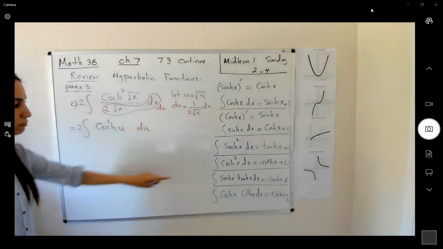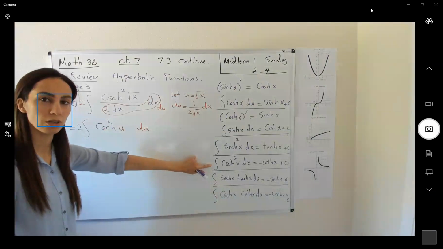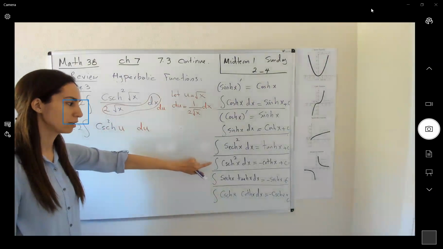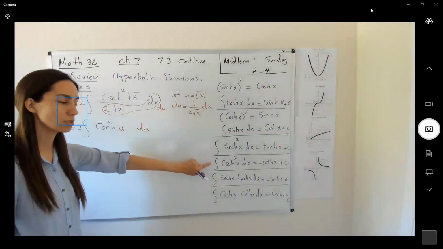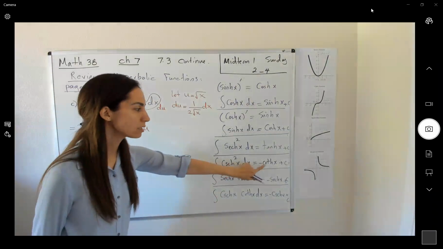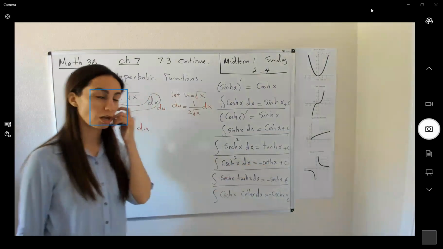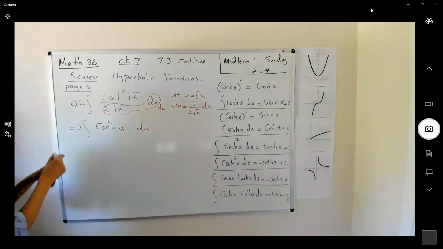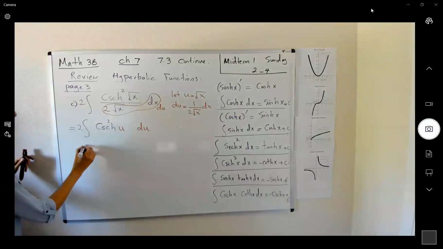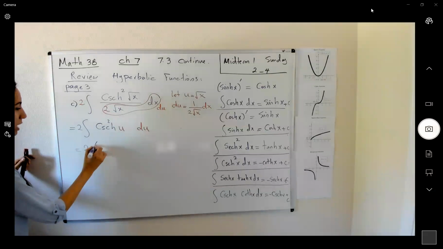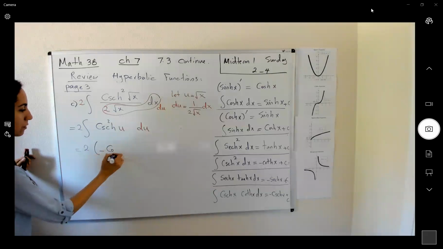Okay, very well. We have a nice formula to evaluate the integral of hyperbolic cosecant squared, which is equal to minus hyperbolic cotangent plus constant of integration. First of all, we have 2. We copy down 2 here, and here we have minus hyperbolic cotangent.